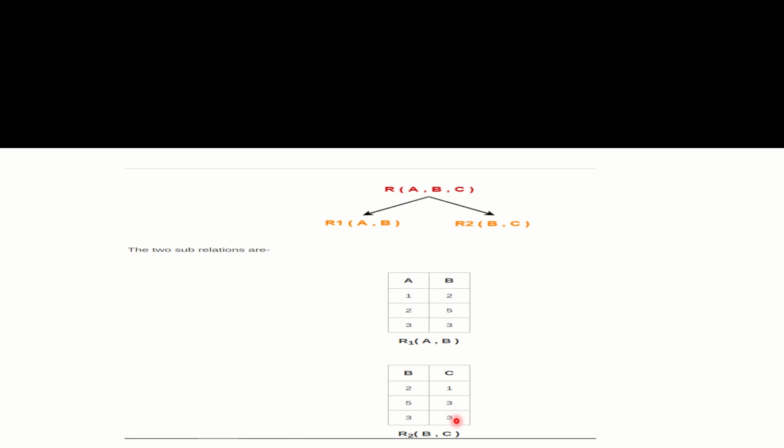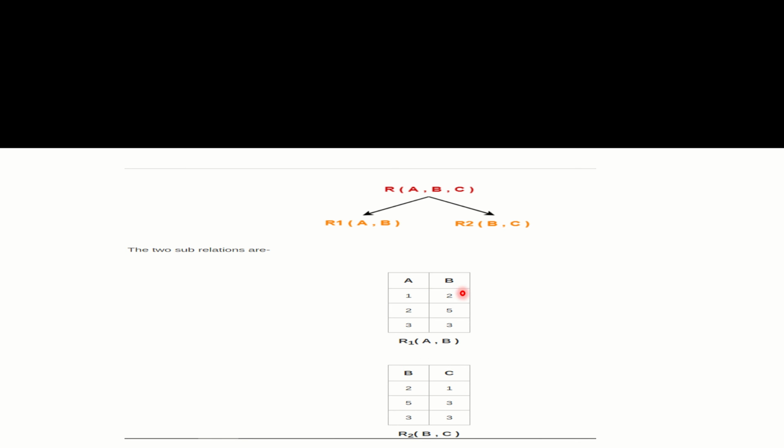Suppose that we are going to find the natural join of these 2 relations. And how do we find the natural join of these 2 relations? First we take the first row of R1, and which attribute is common to both the tables? B is common to both the tables. So first we take the first row of the first table, that is 1 and 2. And next we will try to find a match for 2, that is B, where B is common.